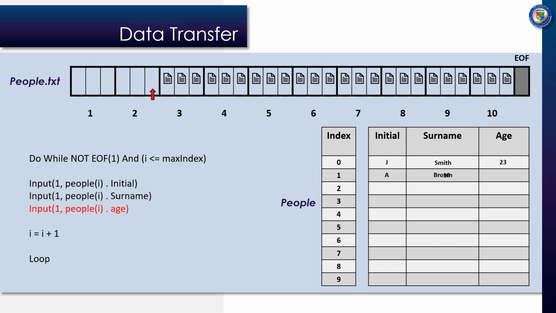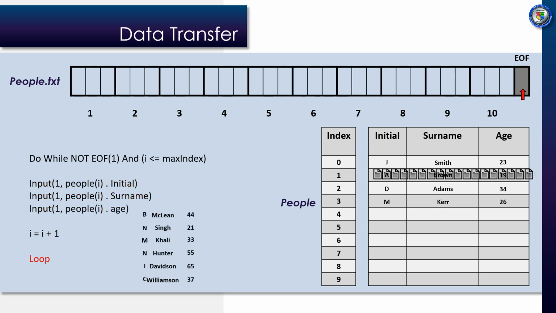We will now input the .initial field into index 1 of our array of records. Surname, age, before we increment to 2, round the loop to iterate again, adding our fields of information to our array of records, again adding 1 to a running total I, now value 3, before we iterate through the loop again, adding our fields of information as we go.